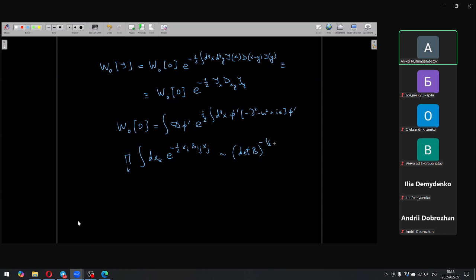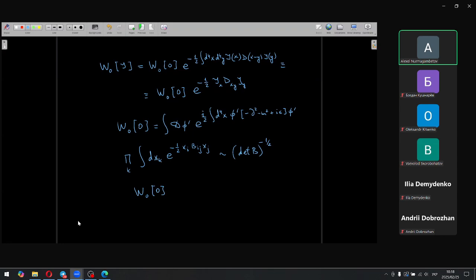So formally, we can denote this combination, corresponding to the generating functional at zero source, as W0 at 0.